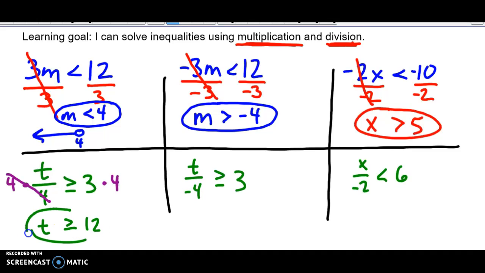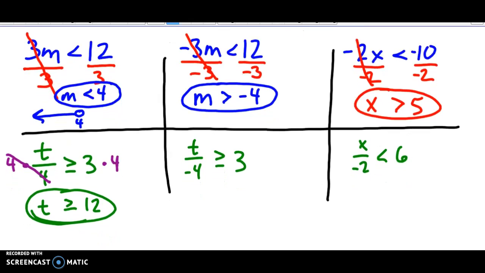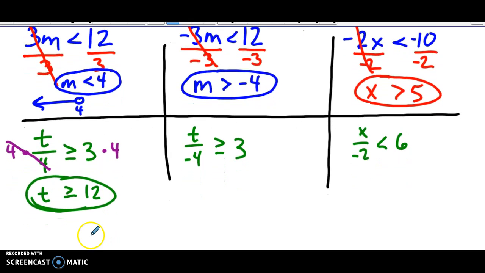So my solution is t is greater than or equal to 12. Now let's also remind ourselves how to graph this. So I need a closed dot this time at 12 because I have the greater than or equal to symbol. This equal to part tells me to fill in this dot, and t is greater than or equal to 12. So I'm going to shade to the right.